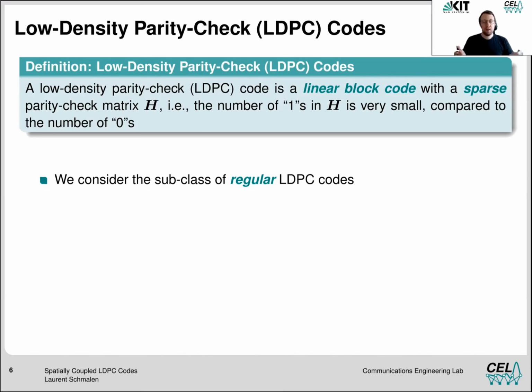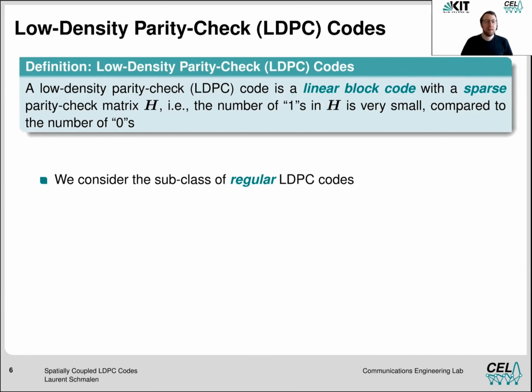So Gallager wanted a way of saving the storage requirements. So he said, okay, the number of ones is going to be very small compared to the number of zeros, so I can compress the matrix very efficiently. That's the reason for introducing LDPC codes.